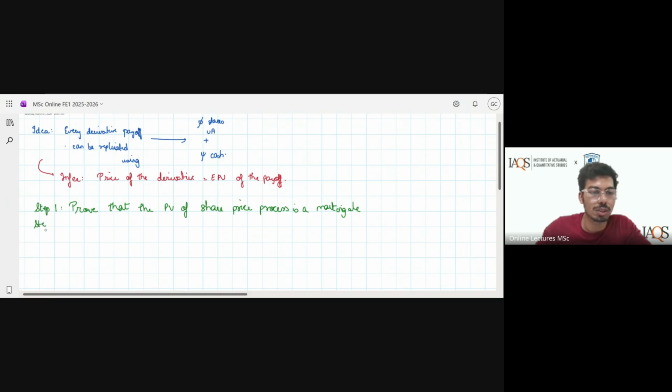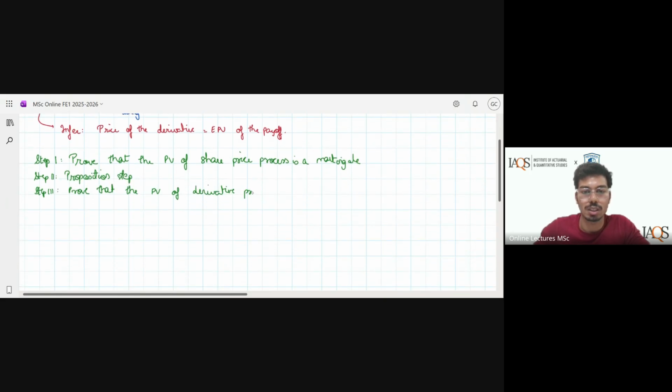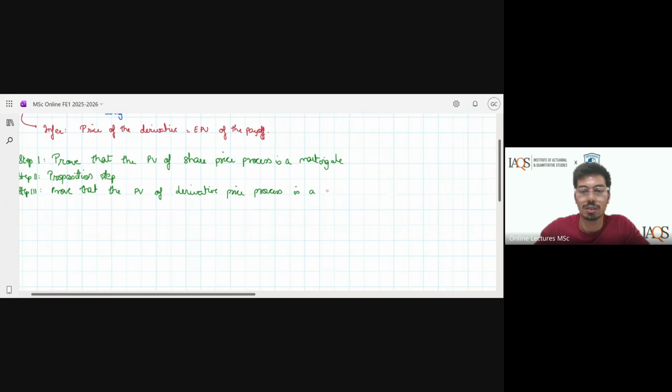Step 2 is the proposition step. The proposition step is basically what I need to prove, the equation I need to prove. Step 3 will be prove that the present value of the derivative price process is a martingale.